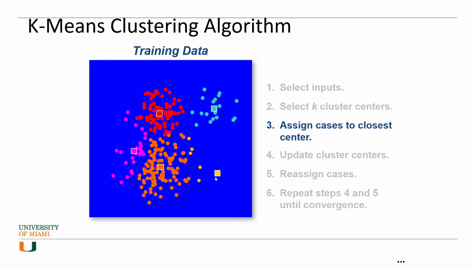Once we have done that, we can actually update the cluster centers so that they are going to be moved towards the real center of that particular cluster. So, for example, now that we have decided that these 5 points together represent the yellow cluster, we can obviously see that this yellow square is very far from the middle.